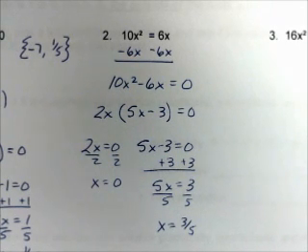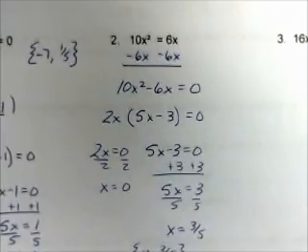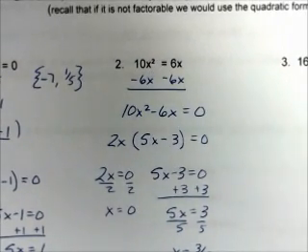So we have two solutions here, 0 and 3/5. It's not necessary to check these. If you wanted to, you could. You would just take your two roots, solutions, one at a time, and plug them into the original equation.